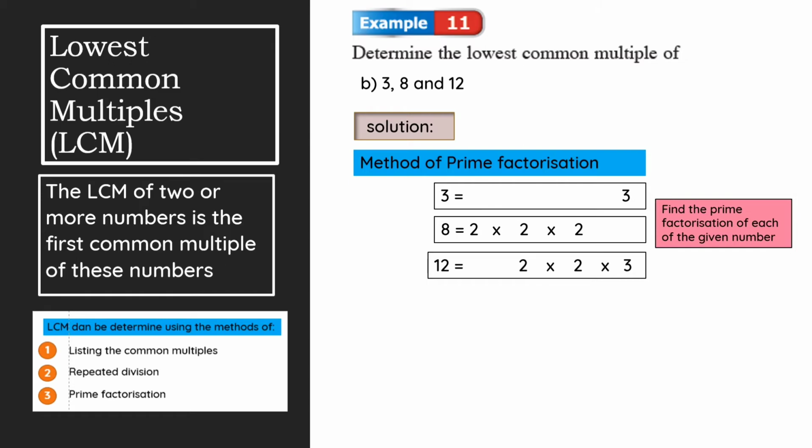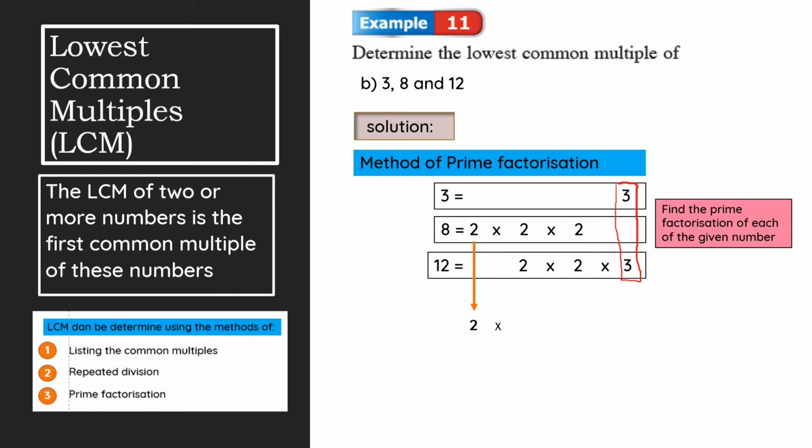We need to arrange the same numbers all together. Because the 3 is at the last here, we put the 3 on the last. So how can we determine the lowest common multiple? We need to bring 2 down.